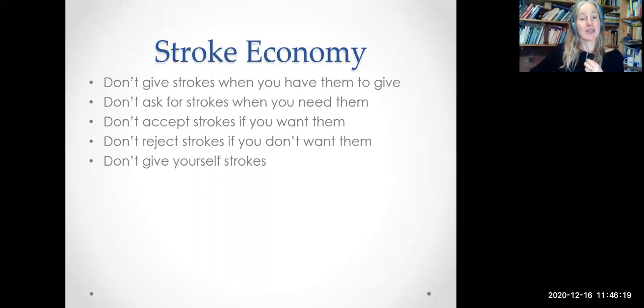Don't reject strokes if you don't want them. This is the classic building site whistle situation. Sorry, this is gendered, isn't it? Because I'm female. But in the days when I was younger, that thing where you walk past and someone wolf whistles, they might intend that as a stroke of attention, positive, but you're allowed to reject it.